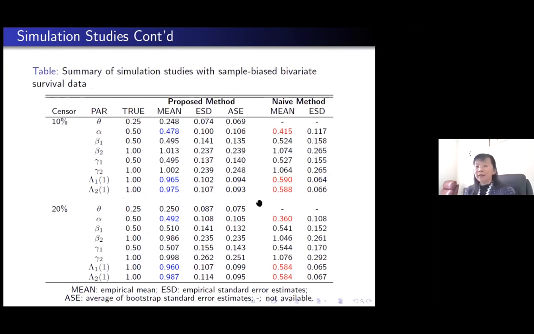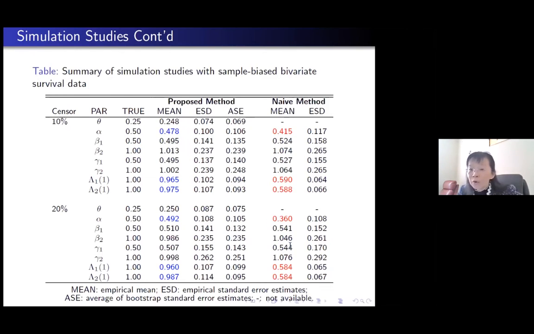So we can see the proposed method achieved good accuracy with small empirical biases under this setting. On the other hand, the naive method yielded biased estimators. It tended to underestimate the association parameter and overestimate the regression coefficients.